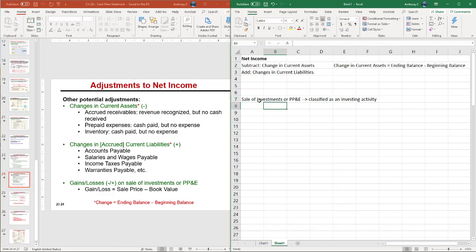However, if we have a gain or a loss from the sale, these are reported in net income. So if we're trying to adjust net income to an operating basis, this means that any gains or losses that aren't operating activities need to be removed from net income to get to operating cash flows.